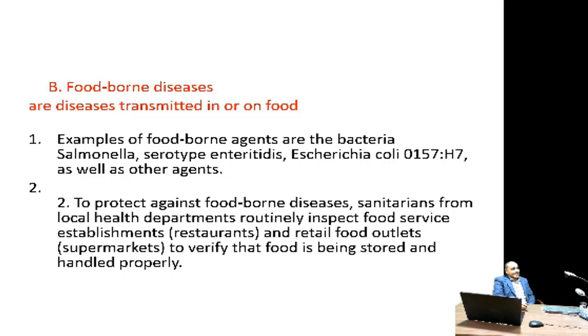To protect against foodborne disease, sanitarians from the local health department routinely inspect food service establishments and retail food outlets to verify that food is being stored and handled properly.